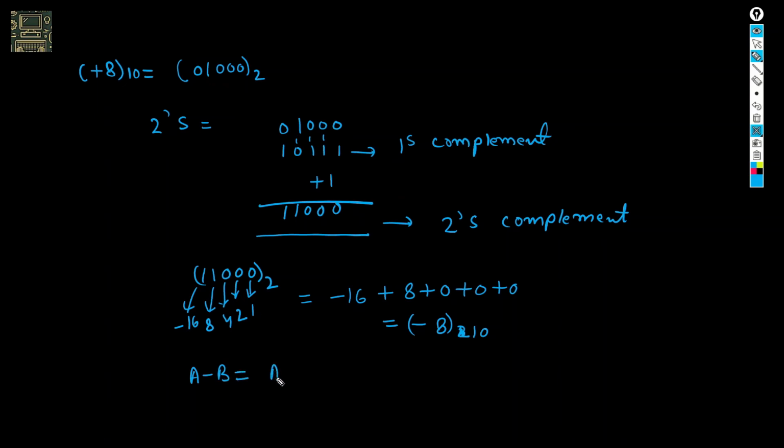Instead of doing the subtraction, I can add a plus minus b. So I can find out minus b from b, and I can add the value of minus b to a. That's why subtraction can be implemented using addition when we use the 2's complement representation.